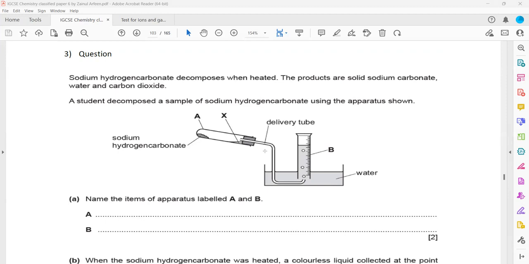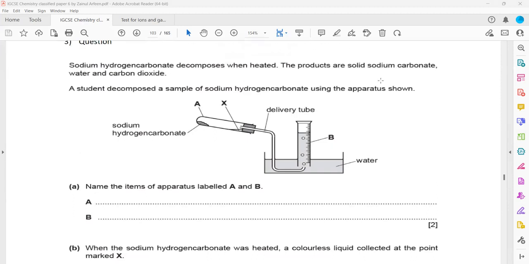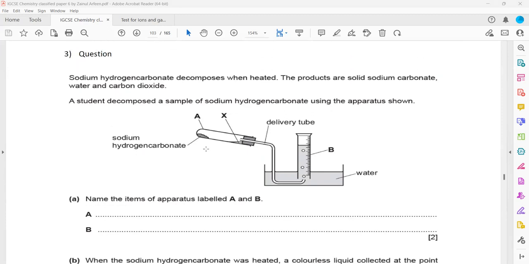What is X? That is the next part; I will answer that as well. When we heat sodium hydrogen carbonate, it turns into sodium carbonate, Na2CO3.